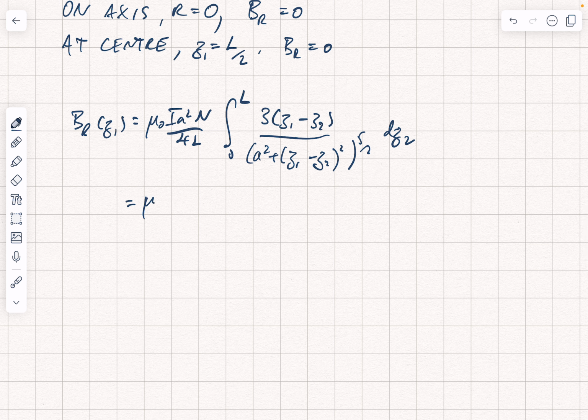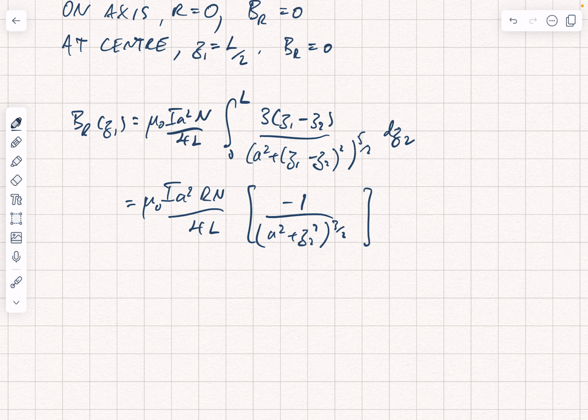You end up with mu naught IA squared Rn over 4L, and then you have a minus 1 over A squared plus Z2 squared to the 3 halves, and I've also just shifted the origin to L over 2, so L over 2 plus delta, and you have minus L over 2 plus delta.